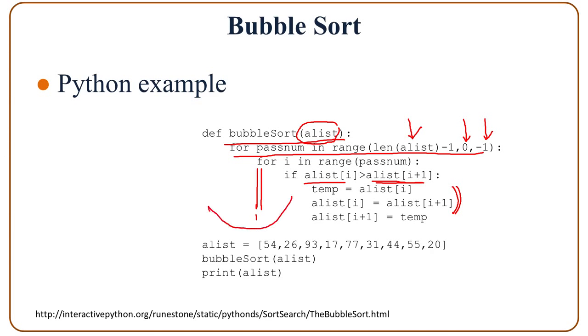This actually can be shortened, writing something like a list at i, a list at i plus 1 equals a list at i plus 1, and a list at i.